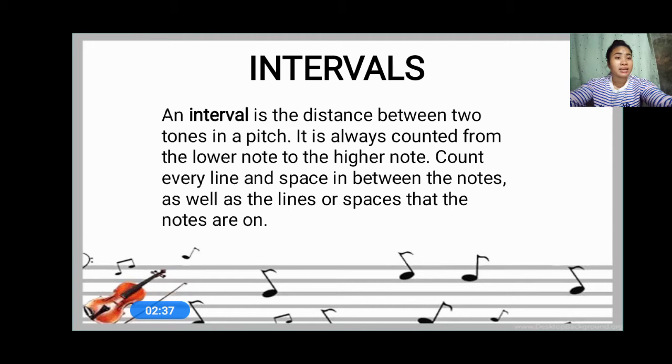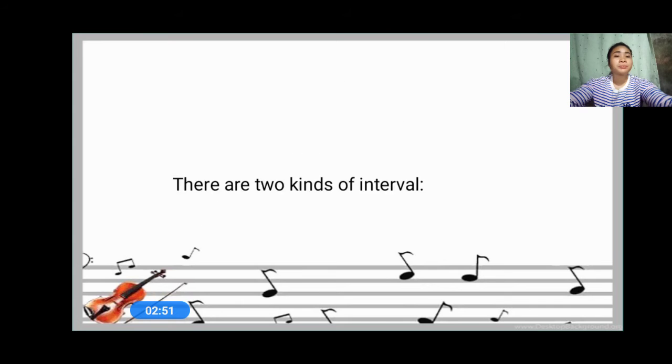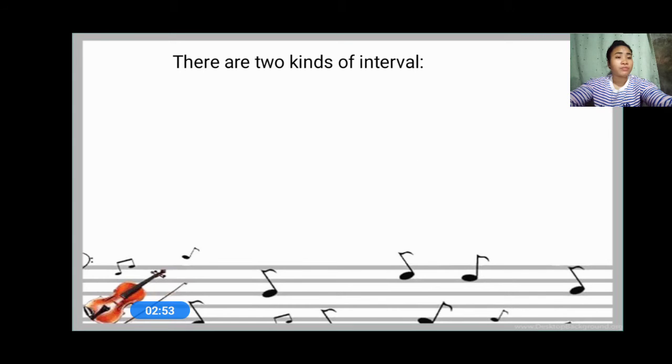That is interval. Again, what is interval? It is the distance between two tones in a pitch, and it is counted from the lower note to the higher note. Do you understand?